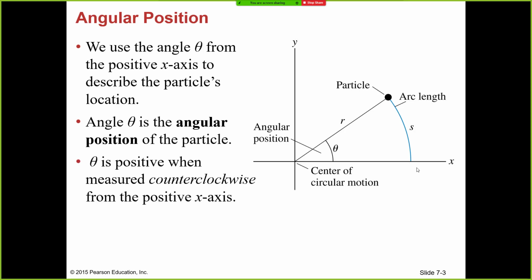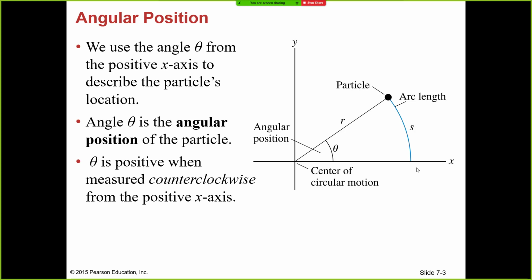And then we use the signs to describe which way the object is moving. Okay, if the object is moving clockwise, then we use negative sign for the angle. If the object is moving counterclockwise, then we use positive sign for the angle.